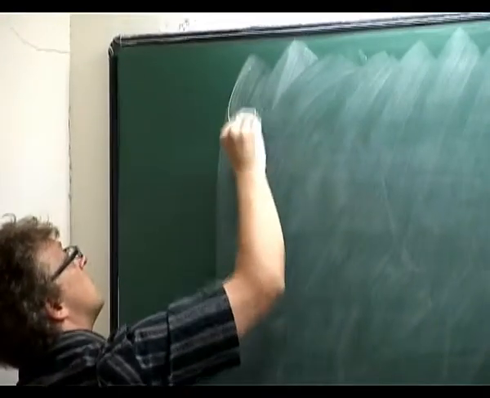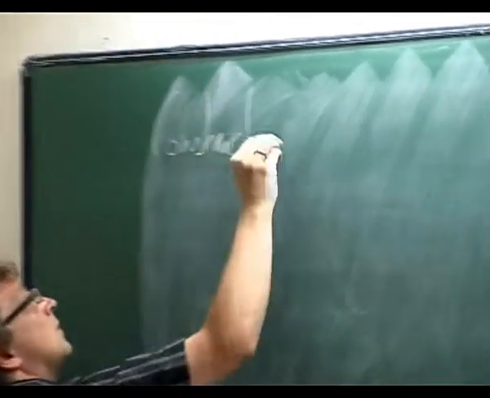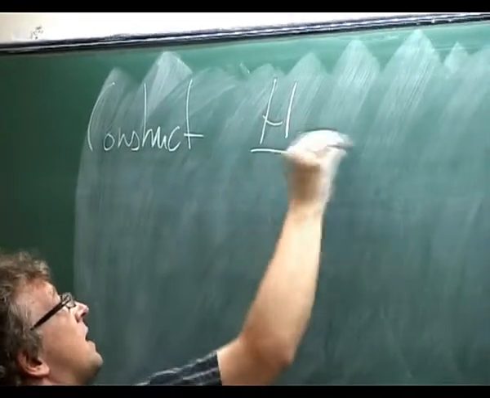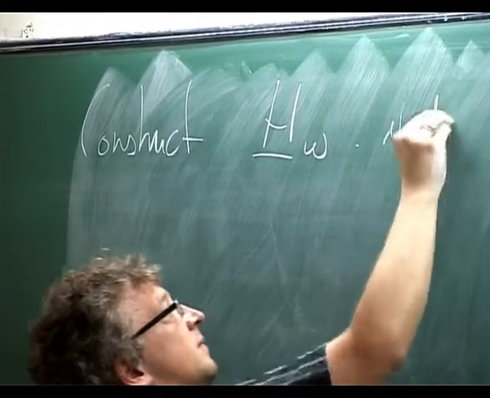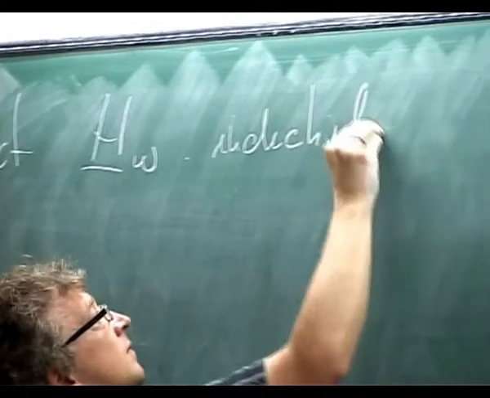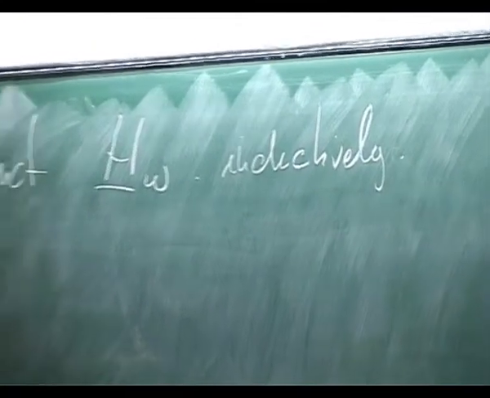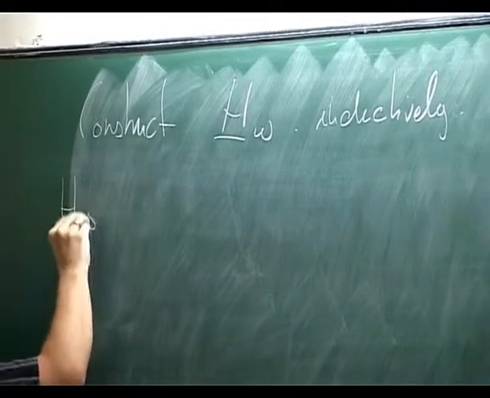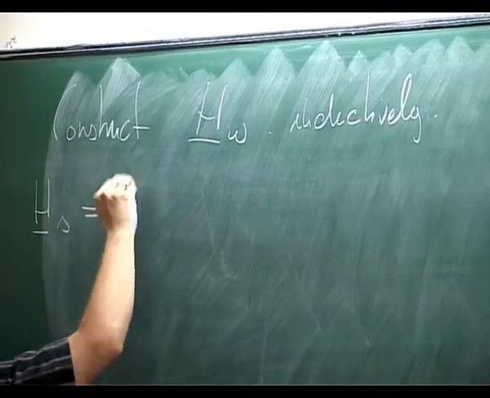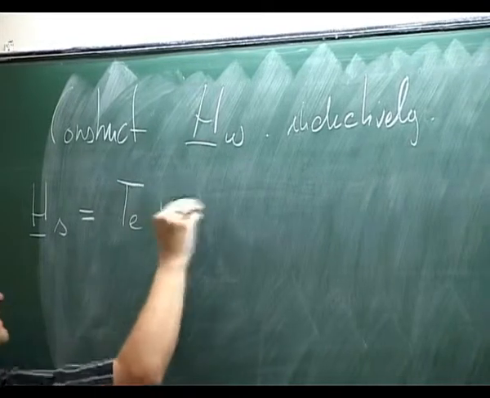But now the connection is as follows. So we can construct H bar_w inductively. So H underline s is T_e plus v T_s.